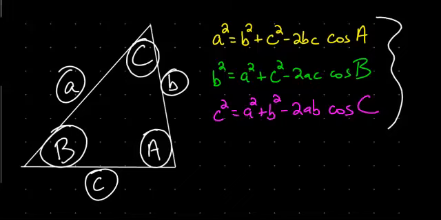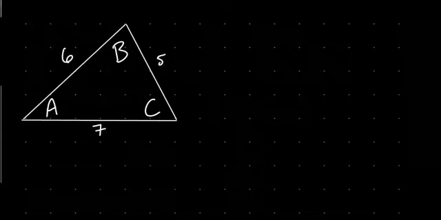With that notation of our sides and angles, we get three different representations of the law of cosines. So let's use it in a little example where we have a triangle. We're given all three sides and we need to find the angles. So pick your side, it doesn't matter. Let's start with 5 since it's the smallest.